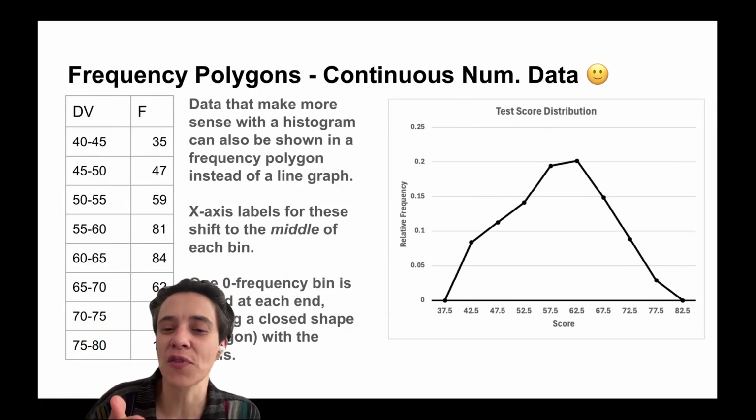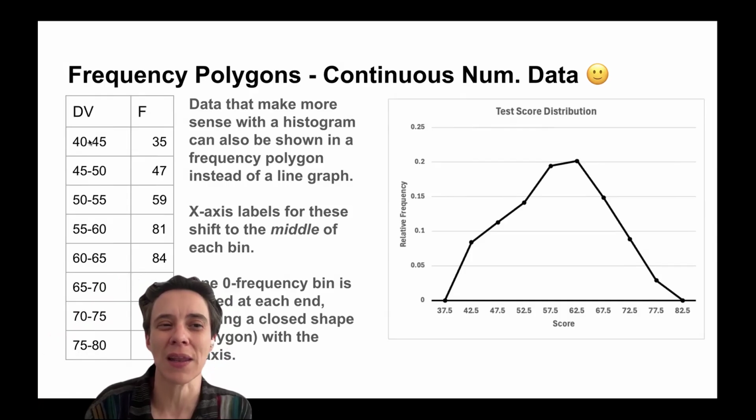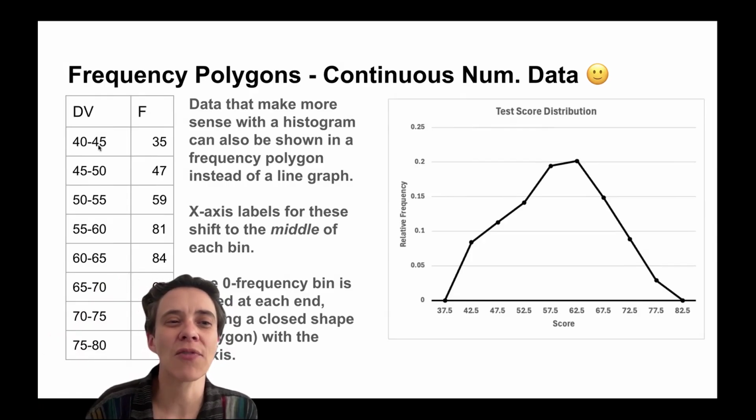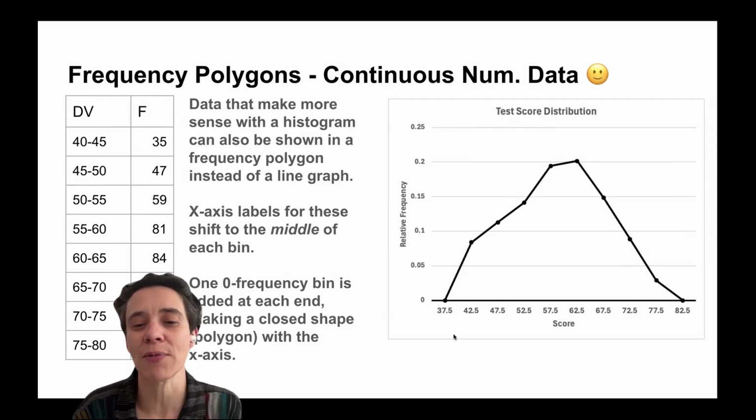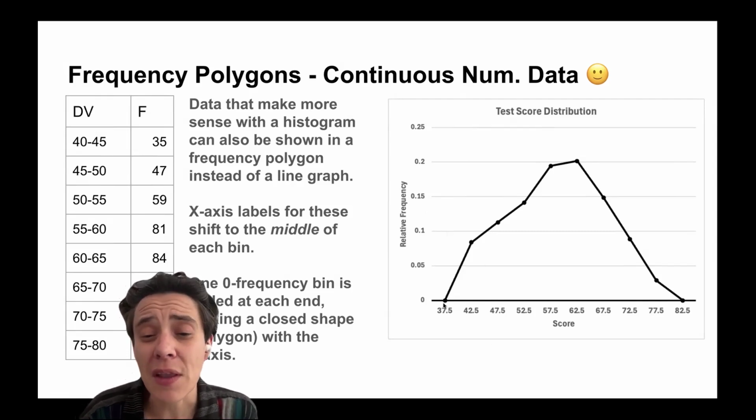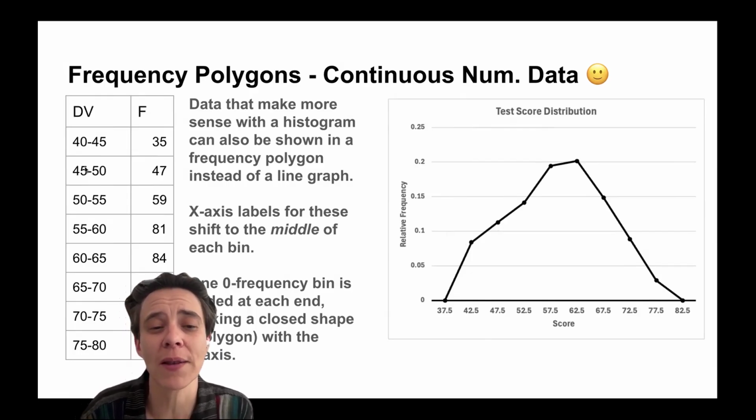Same thing on this, but you're using a histogram. So the middle of the bar on the histogram is going to be the middle of this bin. So the middle of this first bin, 40 to 45, if I do 45 minus 40 and divide by 2, that gives me 2.5. So 42.5 here, 47.5 would be the middle of this bin.